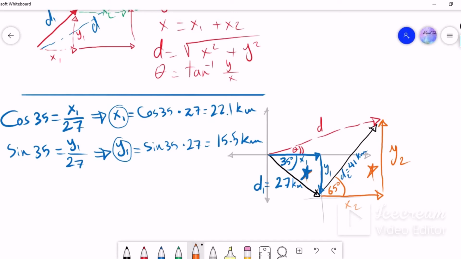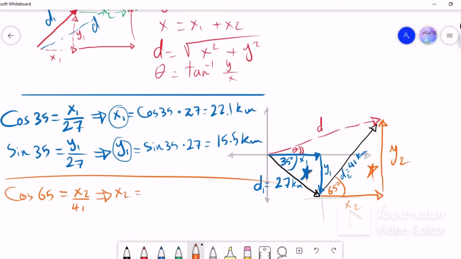By the same way, we will use also cosine and sine. Let's start with cosine. Now cosine is adjacent over hypotenuse. Cosine 65 equals x2 divided by 41. By the same way, x2 equals cosine 65 times 41.